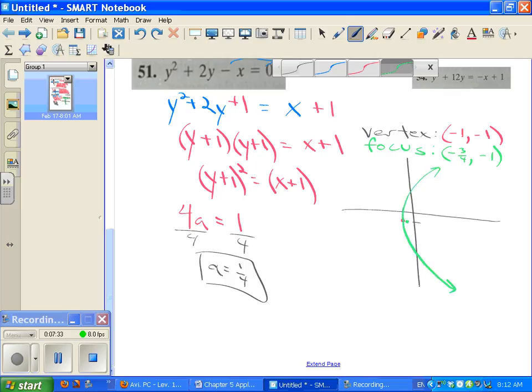It's going to be pretty wide because the focus is so close. And then the only other thing that I need is a directrix, which is going to be 1/4 this way. So my directrix is going to be x equals -1 1/4, or -5/4.